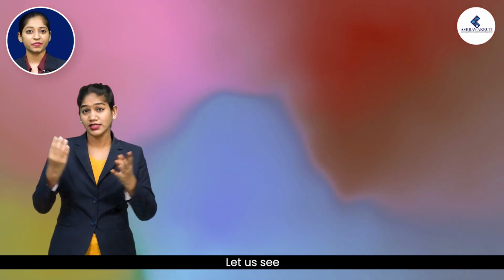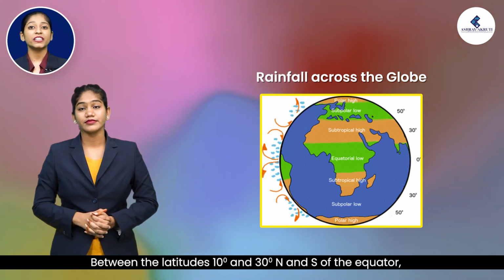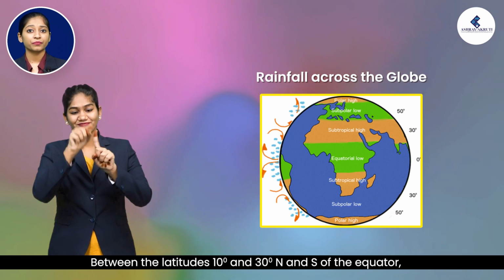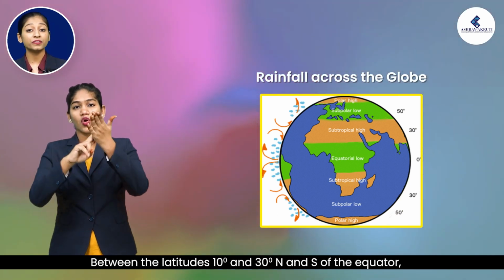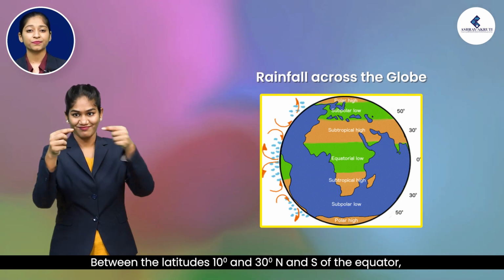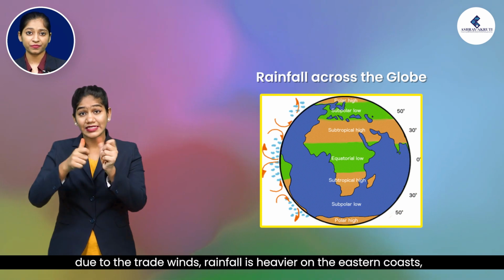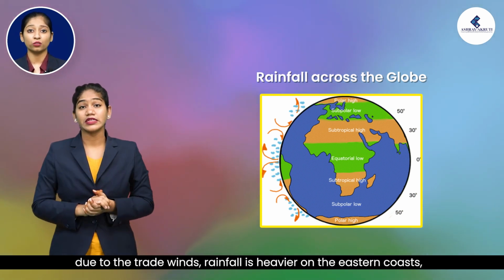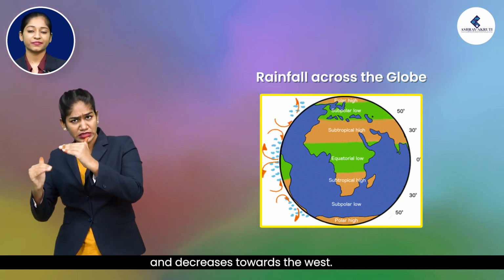Let us see rainfall across the globe. Between the latitudes 10 degrees and 30 degrees north and south of the equator, due to the trade winds, rainfall is heavier on the eastern coast and decreases towards the west.